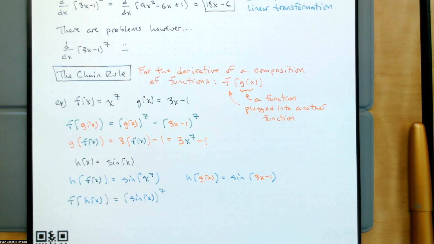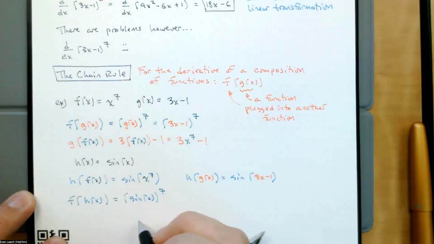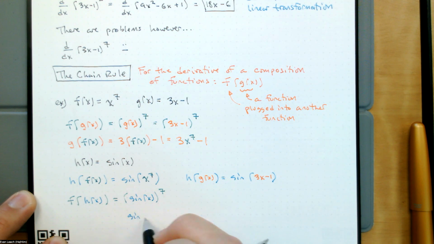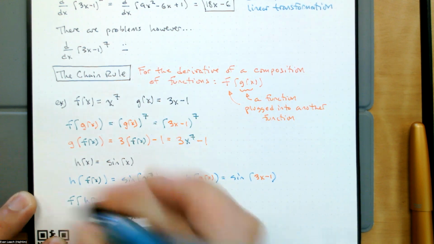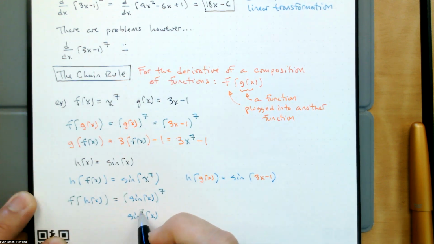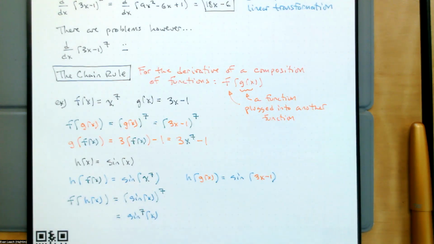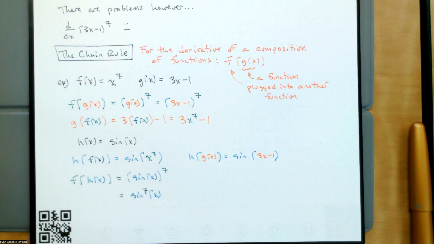This is not how we write the seventh power of the sine of x. We usually write sine to the seventh of x. That is just the notation that we chose for the seventh power of the sine of x.